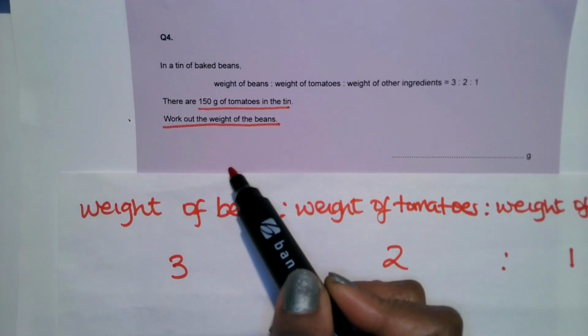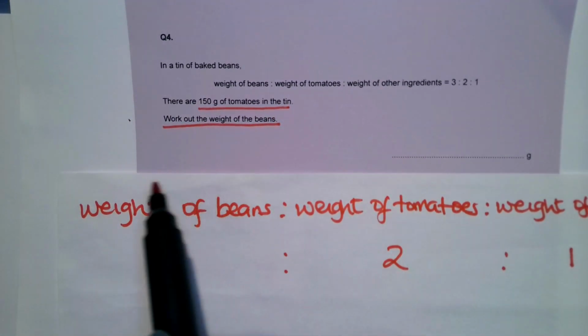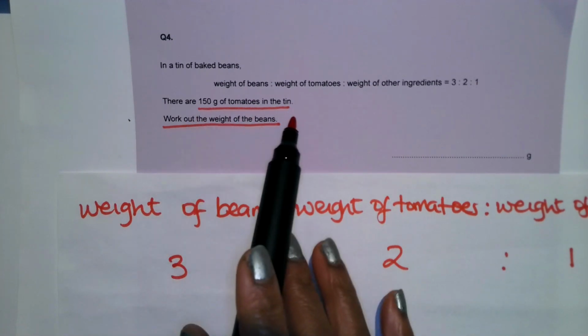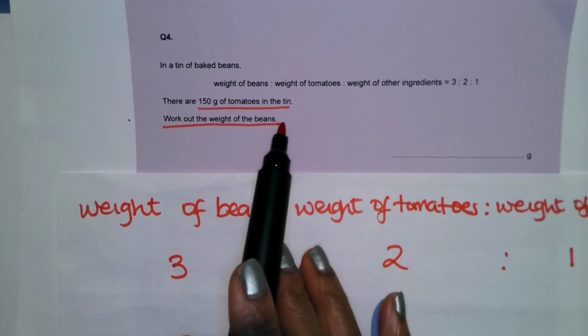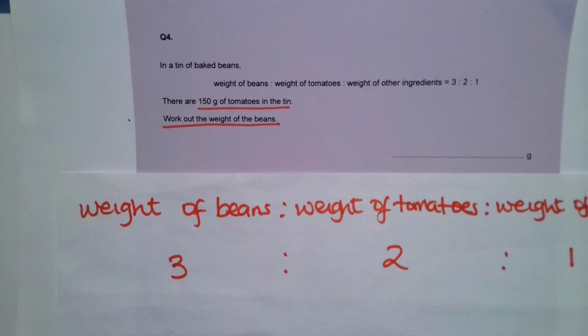So when you see this type of question in the exam, all you need to do is just highlight or underline the key things that are in the question. So we've got 150 grams of tomatoes in the tin. So now we've got 150 grams.